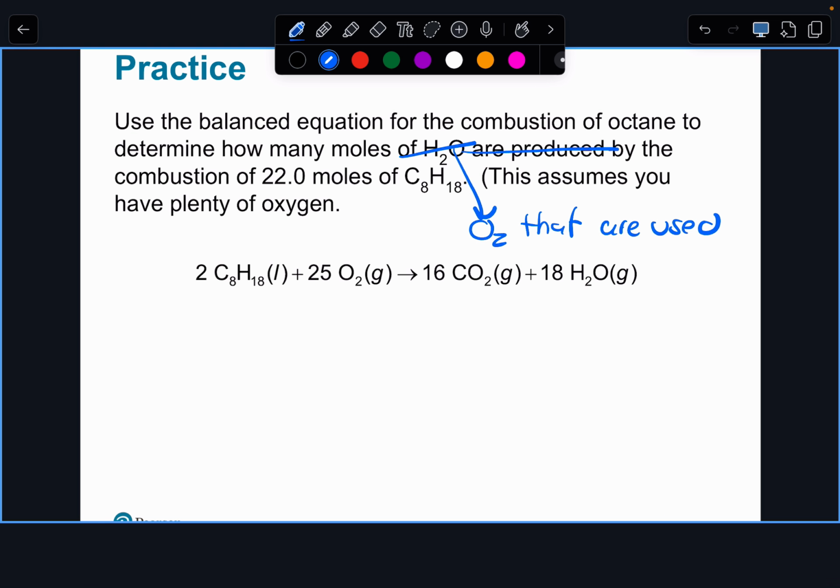Because you can't just put octane in a container and think that it's going to burn. It needs oxygen in there for it to burn. So we want to know how much oxygen, how many moles of oxygen.